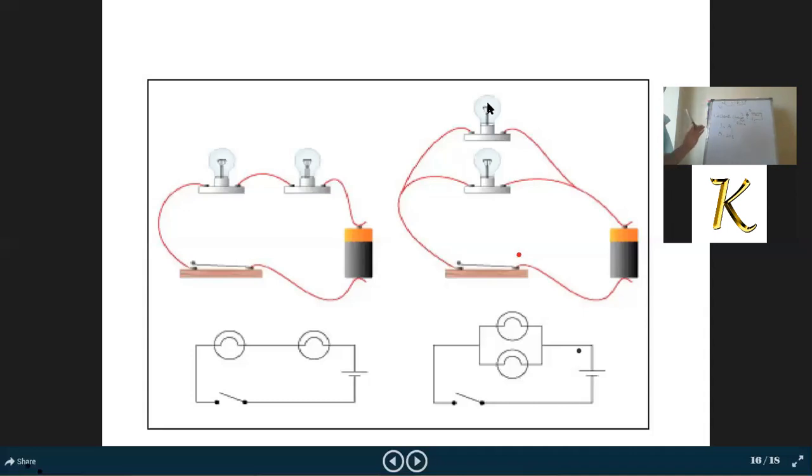For that, if Q is the charge flowing through the electric circuit for time t, then current I is equal to Q upon t. Then Q is equal to I into t, right?